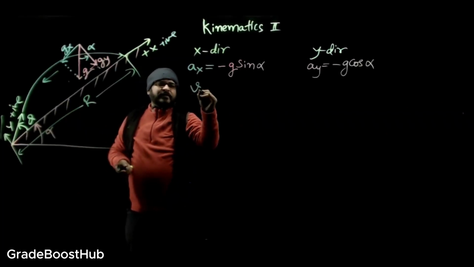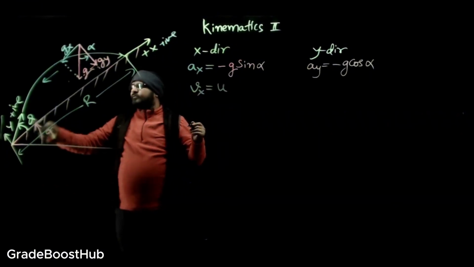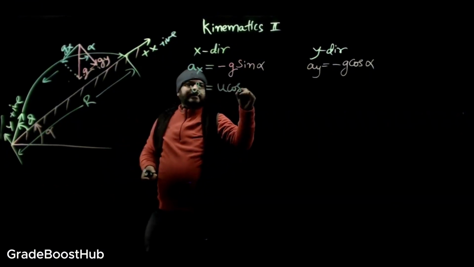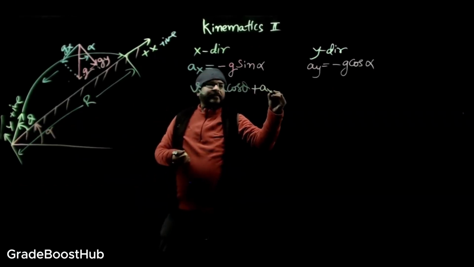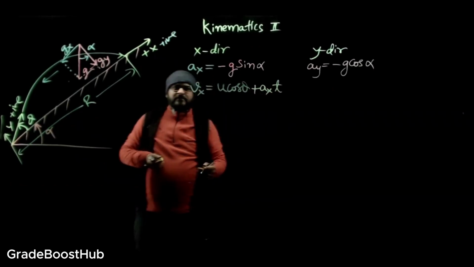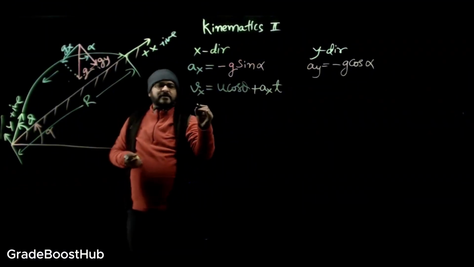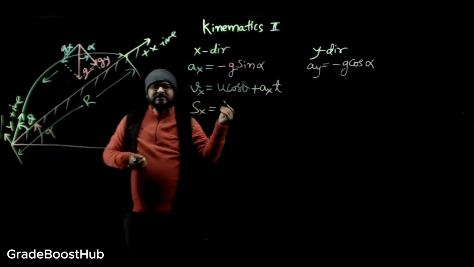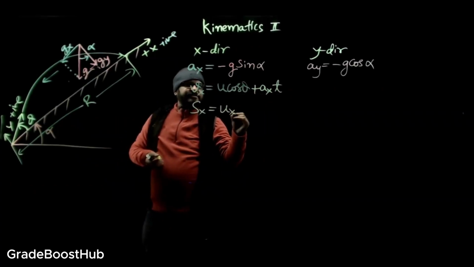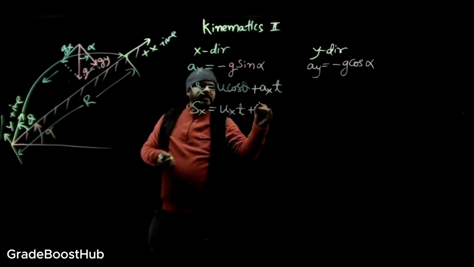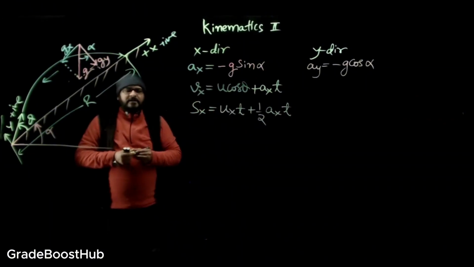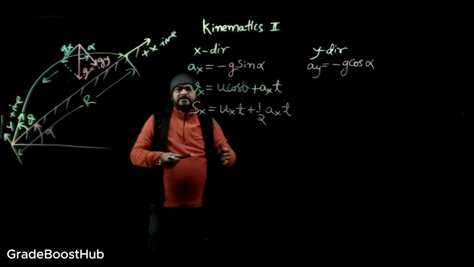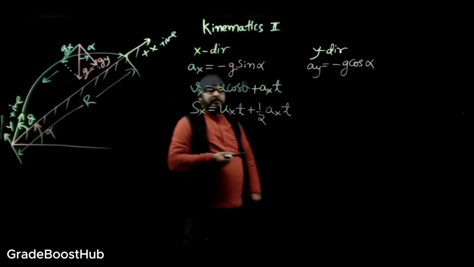Now my world will be the same. My Vx will be u cos theta plus ax into t, the first equation of kinematics. My Sx, displacement in x direction, will be ux t plus half ax into t square, and so on, right?